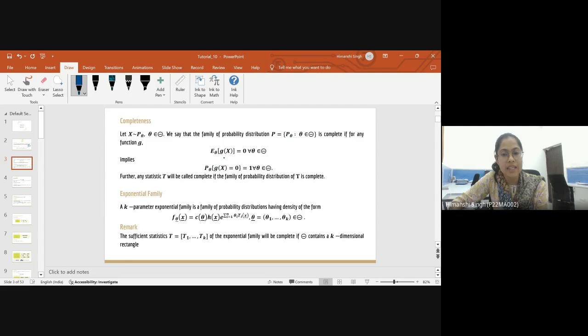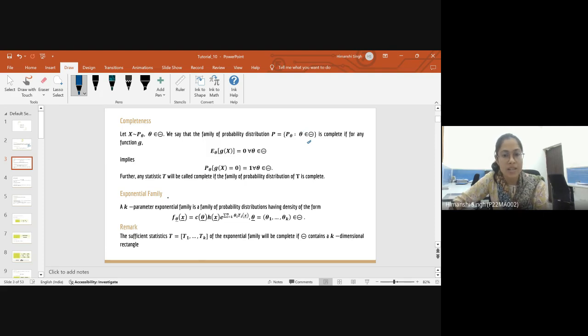Since expected value of g(X) is 0, g(X) is an unbiased estimator of 0. So if g(X) is an unbiased estimator of 0, this implies that g(X) is a random variable which is almost everywhere 0. Then we say that this family is complete.